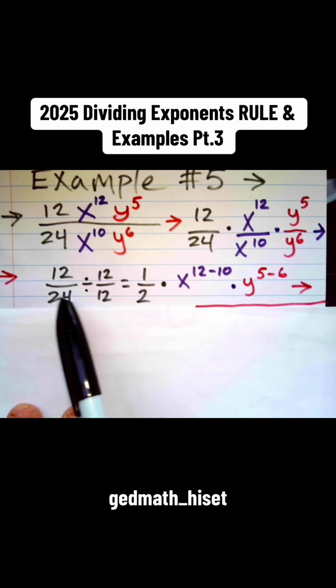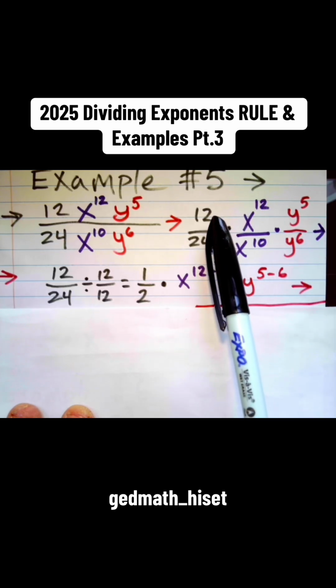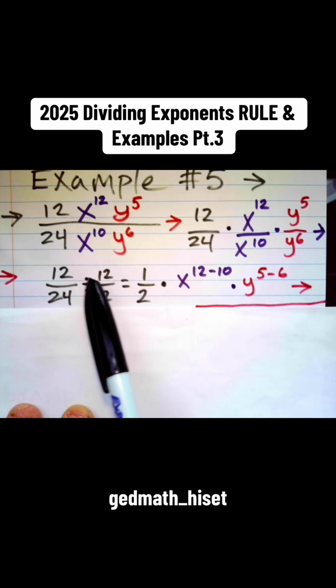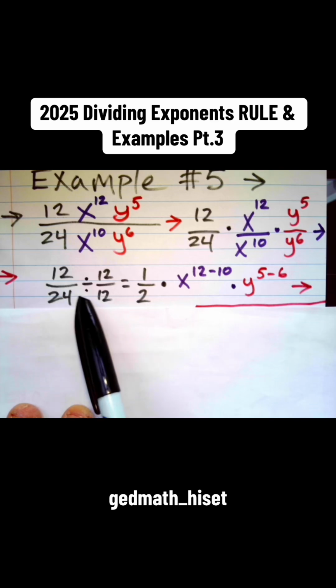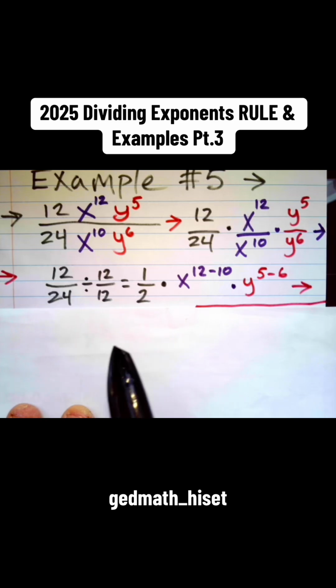This fraction, 12 over 24, as we broke it up into 3 parts, can be reduced by dividing top and bottom by 12. 12 divided by 12 is 1. 24 divided by 12 is 2. So I'll rewrite that in my answer if I don't simplify further.